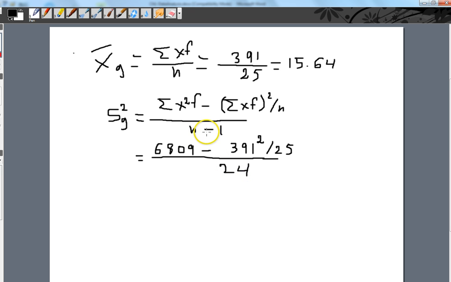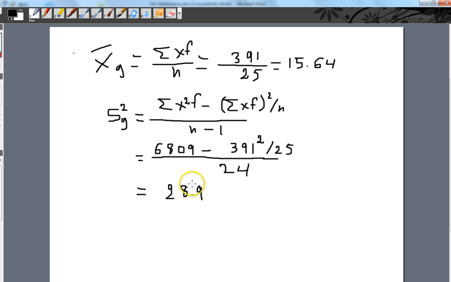Remember, you divide by n, not by k, so it's 25 minus 1, not 6. Okay. And now you square this, divide by 25, subtract it from this quantity, divide by 24, and if you do that, it's going to be 28.9.